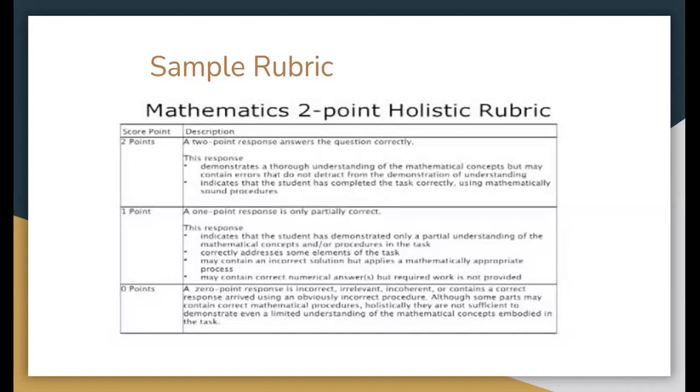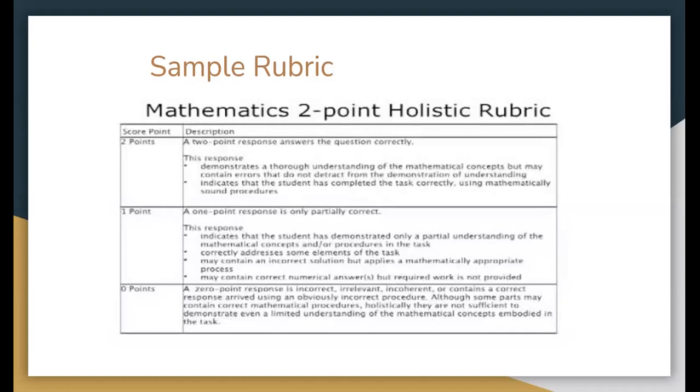And where there is a lower area of criteria that you could lose marks on, it will mention that. Okay, so it might say, for instance, in the first box, correctly, and in the second box, it says correctly addresses some elements of the task.